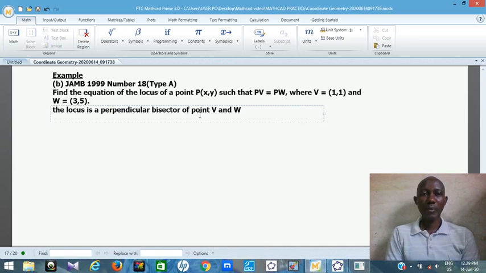So the locus is the perpendicular bisector of points V and W. If you can get the equation of that perpendicular bisector, that will be the equation the question wants us to find. So how do we get that?